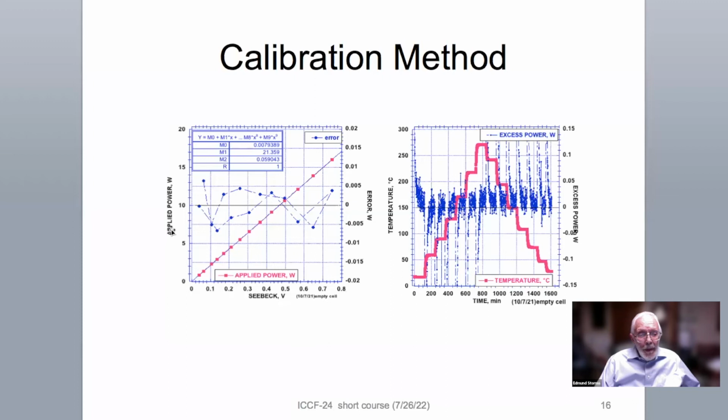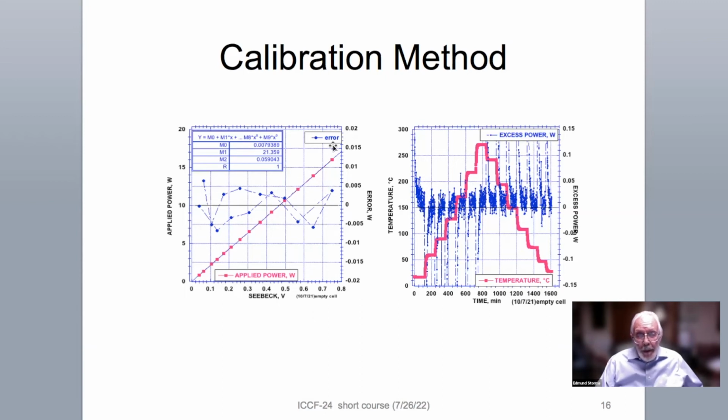So this is the applied power to the heating wire, and this is the resulting Seebeck voltage. There will be a nearly linear relationship between the two. It's not quite linear, so it needs to have a quadratic equation to fit it.